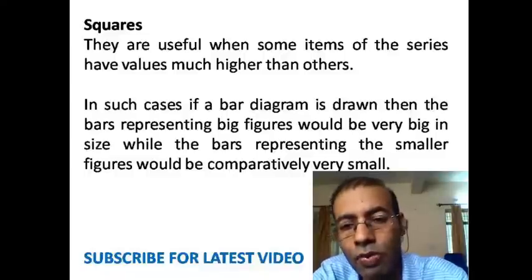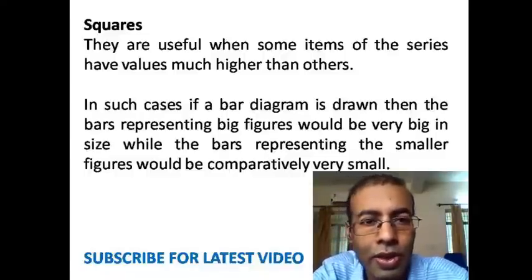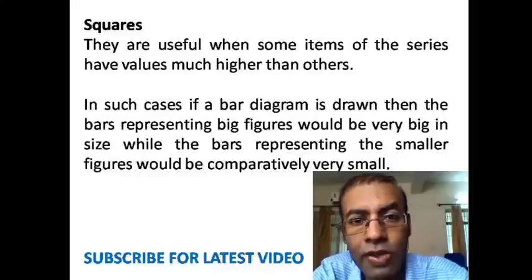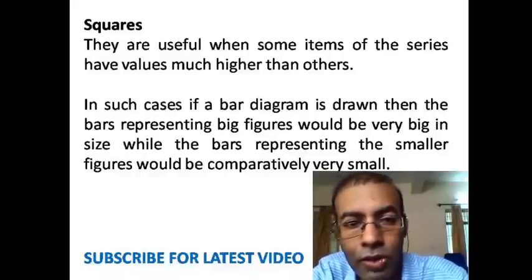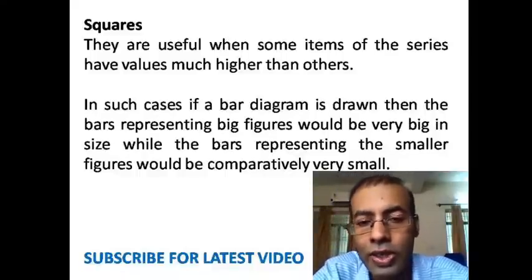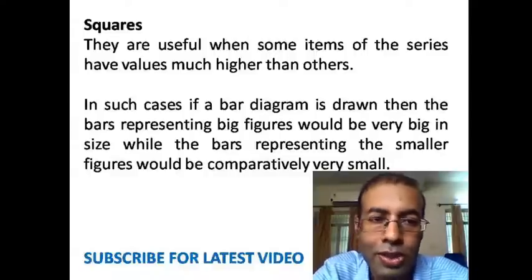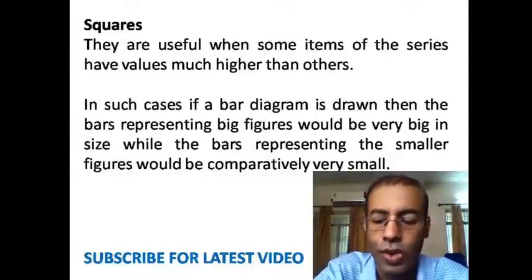So this is the problem with the bar diagram. When different components have very different figures or values, it's very difficult to use a bar diagram. So in such a case we generally use a square diagram.